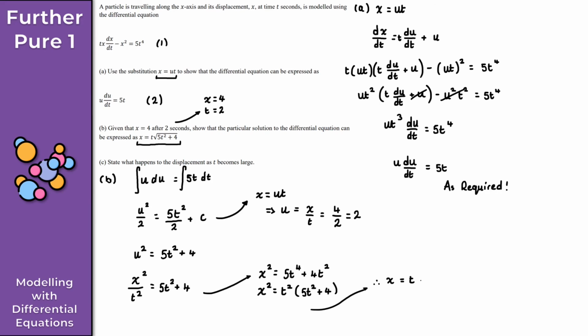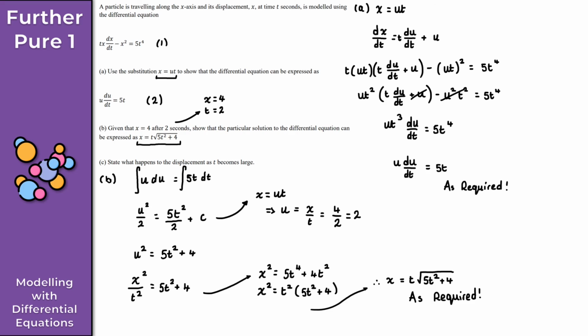I get t times the square root of 5t squared plus 4. And just notice, this is exactly what we wanted here. So again, as required. And there we have it. So that gives us the solution to part B of this question.